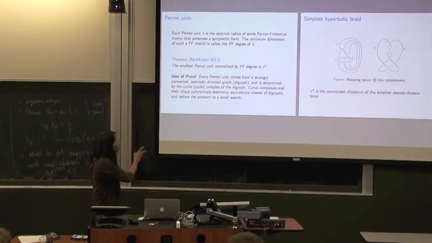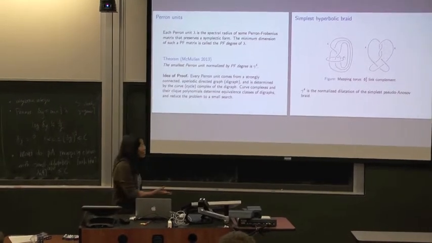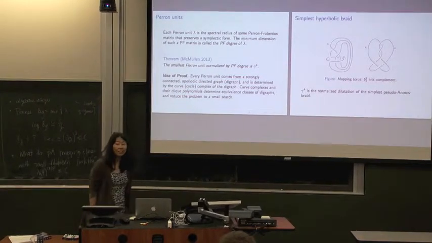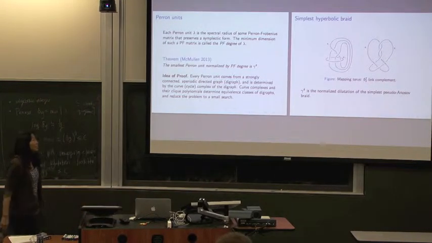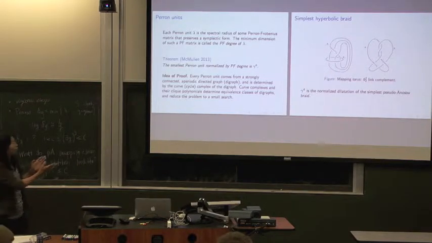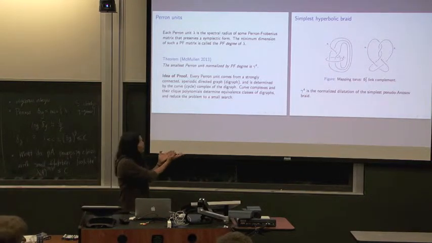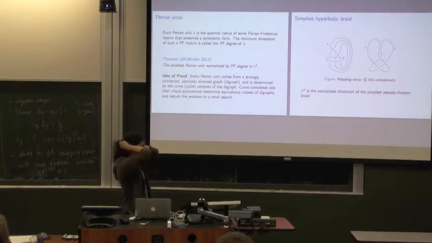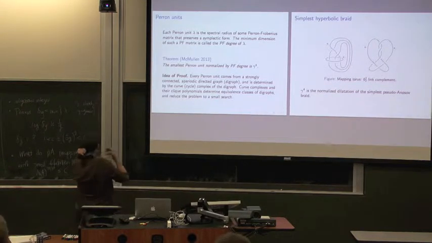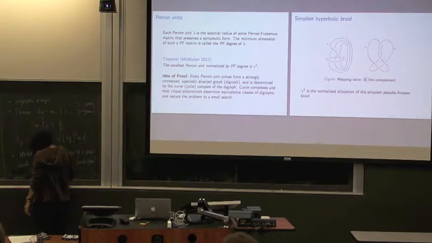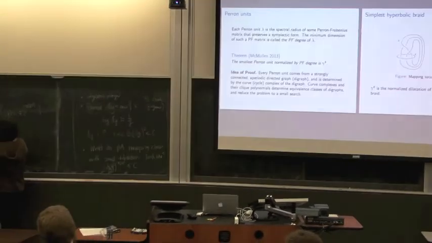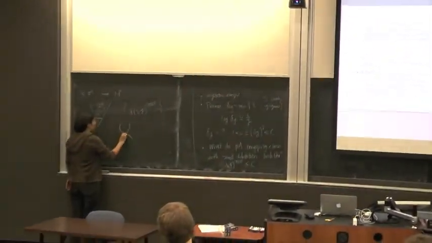Okay, so I gave you the first two reasons, and now I'm going to concentrate on the third reason. Basically, how do you get, gamma 4 is actually realized. It's realized by the mapping class associated to the simplest hyperbolic braid.